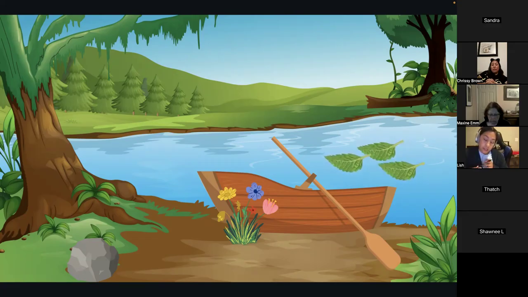In like the far background? Aha. So in this slide, would it be like behind the lake? On the other side of the lake. Yeah. Okay.